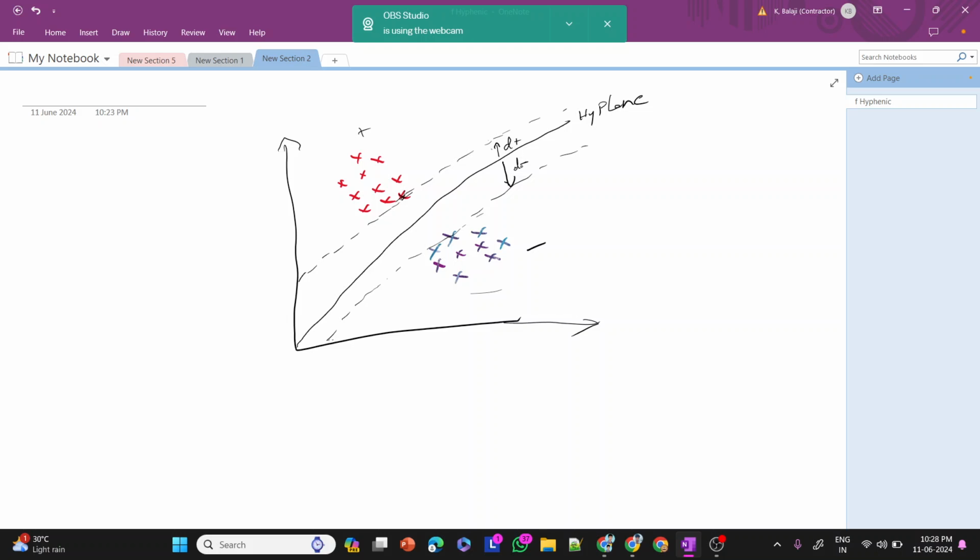This d plus plus d minus, this overall distance, is called the margin.